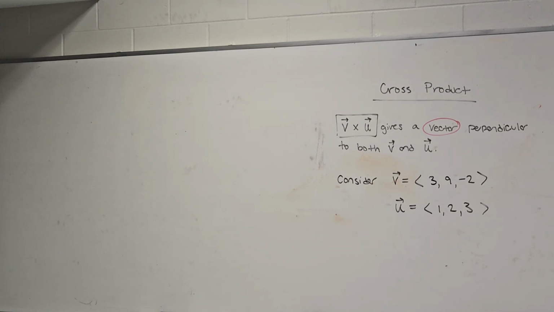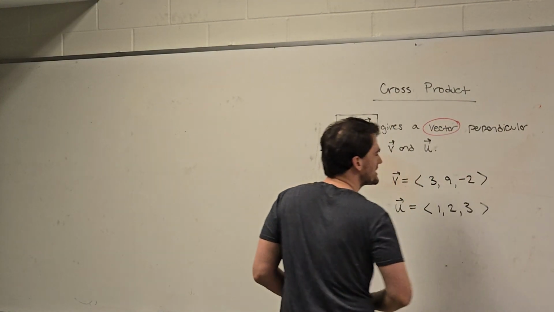We're going to show the operation of how to get this cross product, and then I'm going to leave it to you guys in Desmos to practice graphing it, making sure we can see it correctly.